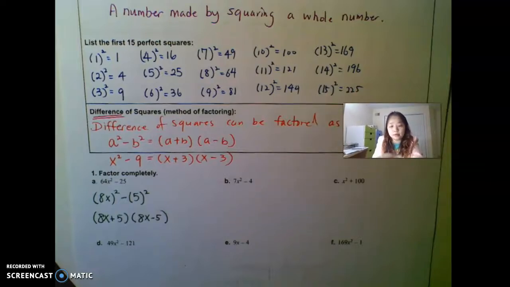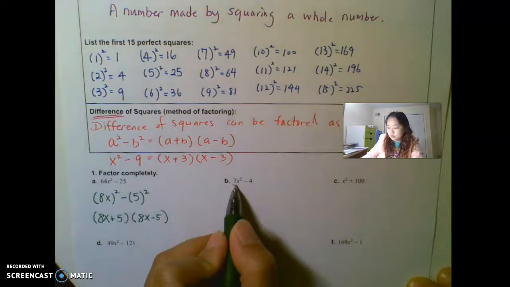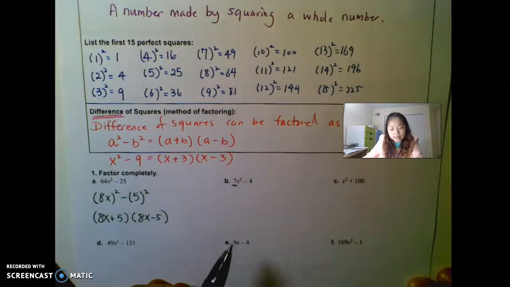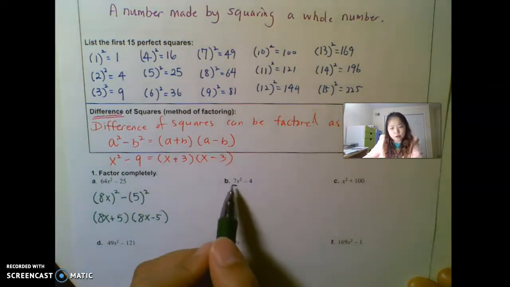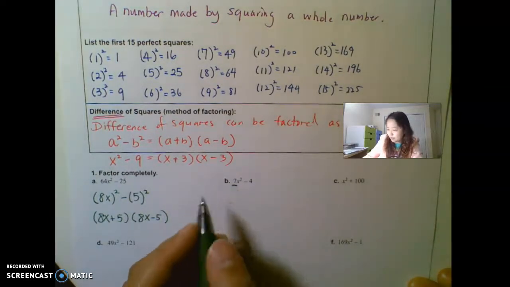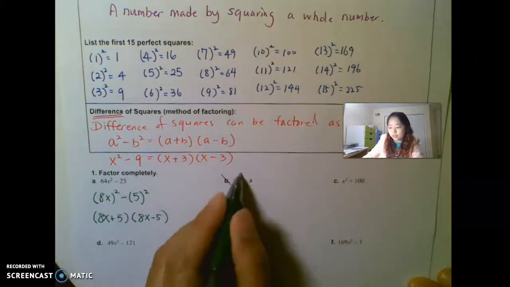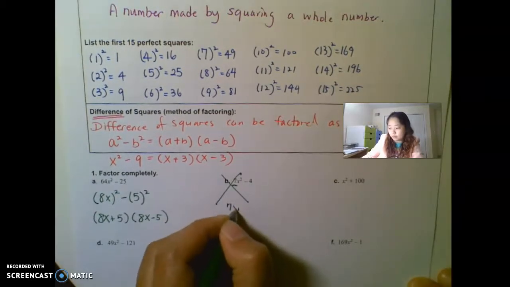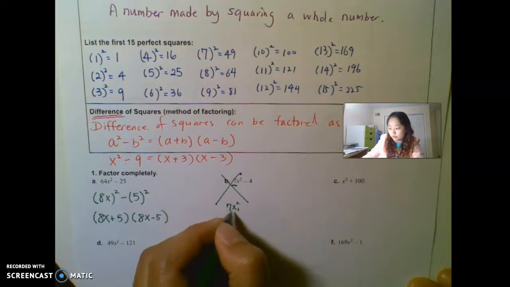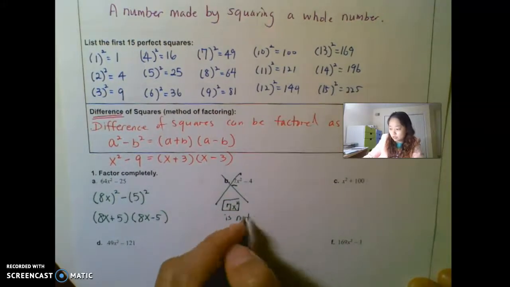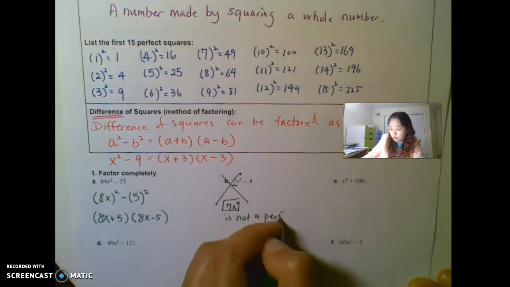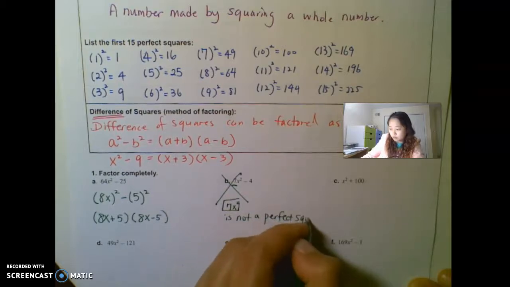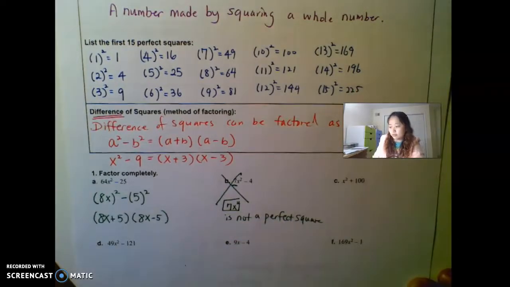B, let's look at B. 7x squared minus 4. 4 is 2 squared, but 7 is not, right? So you cannot factor it because 7x squared is not a perfect square. So that was a trick question.